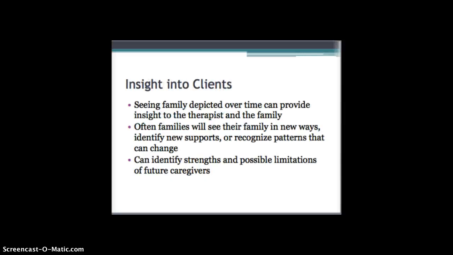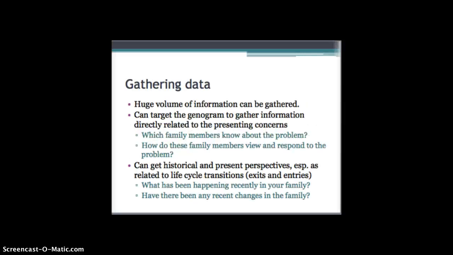So it helps to see a family depicted over time. It helps the family to look for old patterns, new ways, and new opportunities for support, strengths, limitations, and so forth. You just get a huge amount of information when you are developing a genogram, and you can really tailor the information to whatever the problem that the family is experiencing might be.